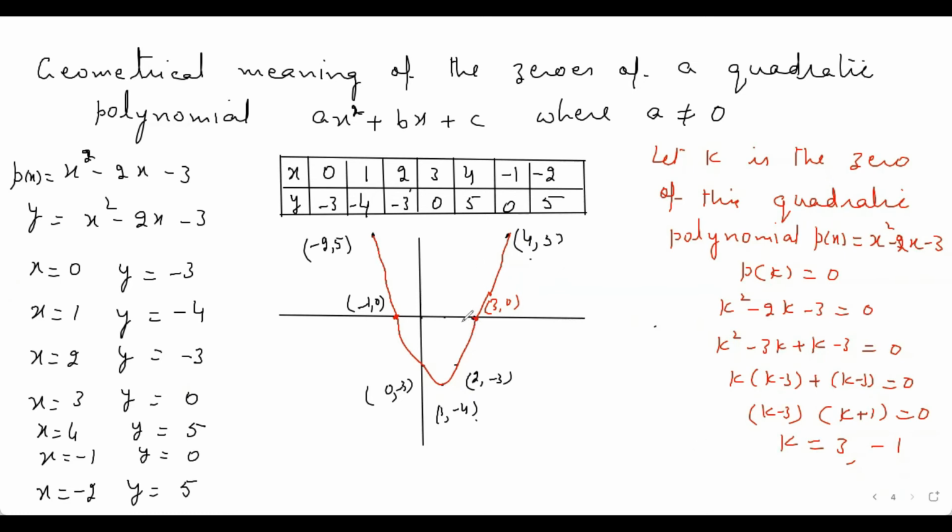Now what we have seen here: 3 and minus 1 are the zeros of this polynomial.